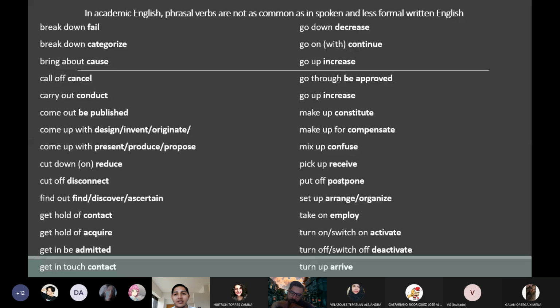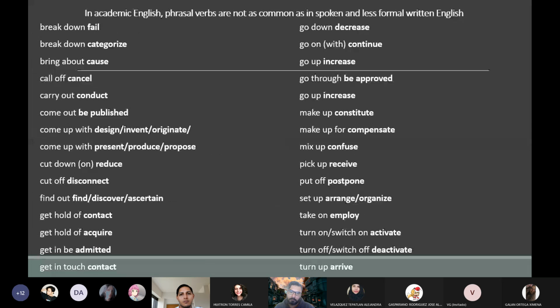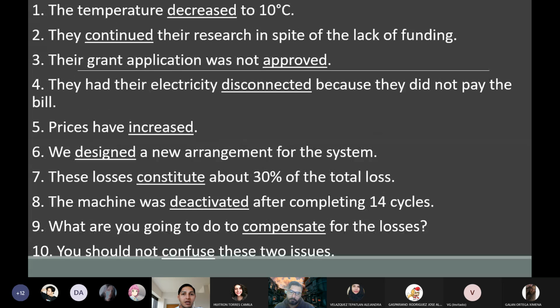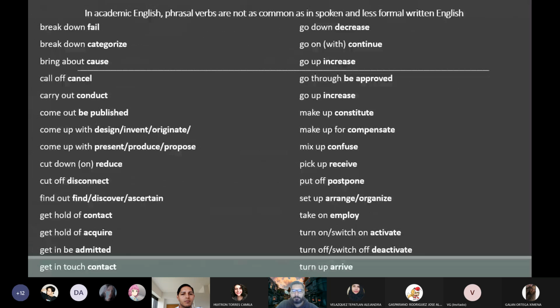Tuesday, because next Tuesday we're going to practice with a couple of keyword transformations, okay, to change the phrasal verbs for the formal words. To change the formal words for phrasal verbs. Okay.